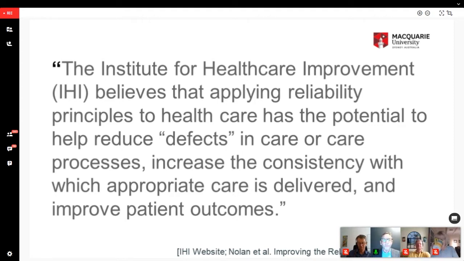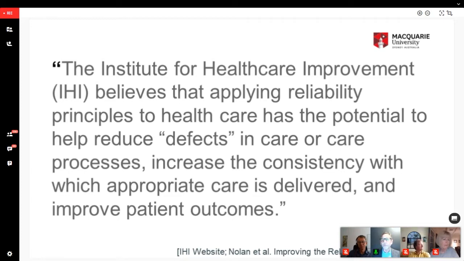It's in quotes from the IHI website, which is in turn from Nolan's wonderful book with colleagues, Improving the Reliability of Healthcare. So the IHI believes that applying reliability principles to healthcare can remedy defects. It can increase consistency. It makes for better healthcare processes.